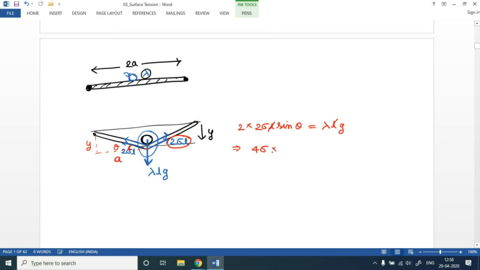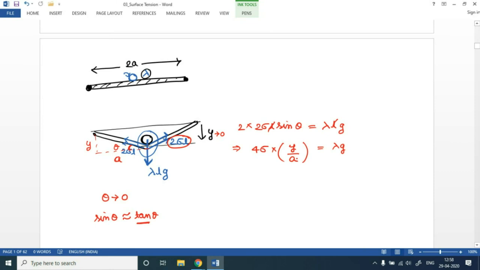L will get cancelled, so that would be 4 sigma sine theta equals lambda g. Now, in order to find the sine theta term, we have to take a little approximation. This y is very, very small, so theta would be very small as well. So sine theta and tan theta would be approximately equal, and tan theta here is nothing but y upon a.